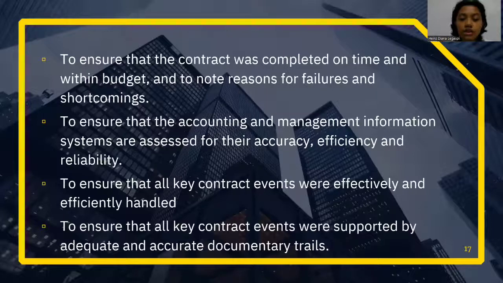This is to make sure all significant contract events were handled skillfully and successfully. Next is to ensure that all key contract events were supported by adequate and accurate documentary trails. This is to guarantee that all significant contract events were adequately and accurately documented.